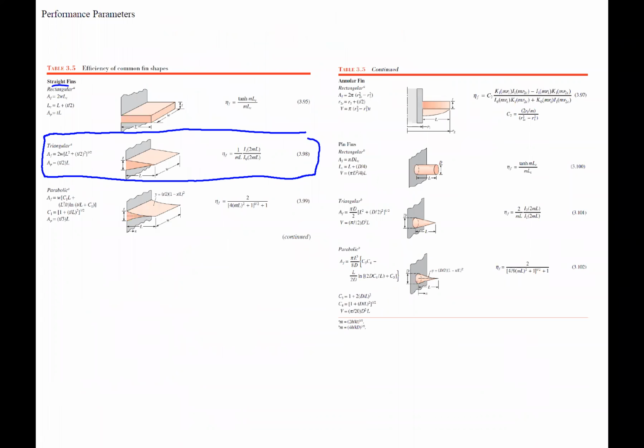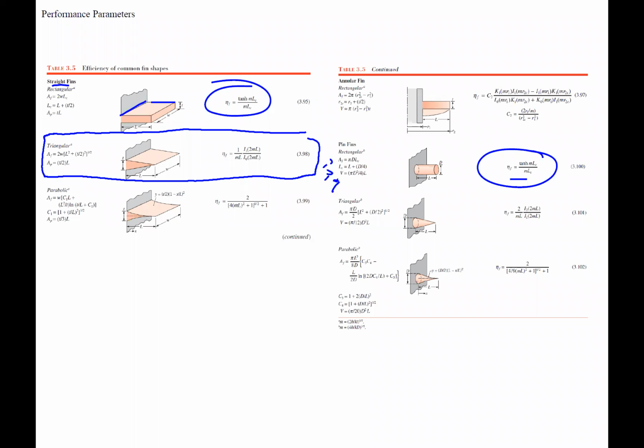We have the straight fins, and you see here the fin efficiency. We have an annular fin. We have the pin fin, just some protruding piece off of it. And the fin efficiency that goes with it, and what the area of the fin is, the length, and the volume. So nice equations for it.